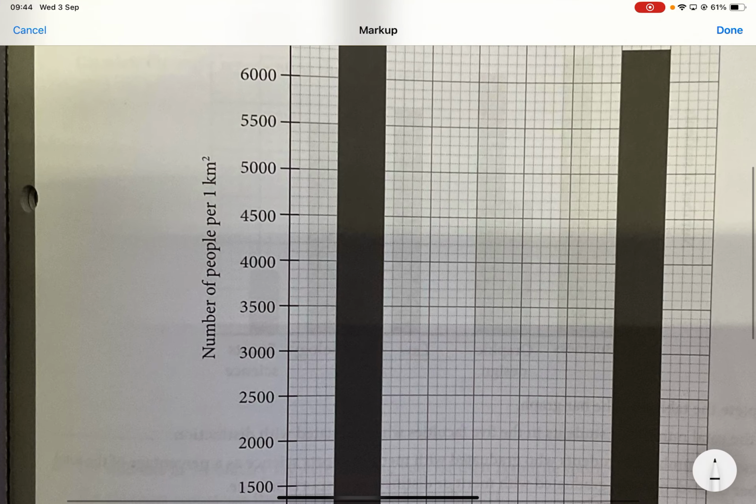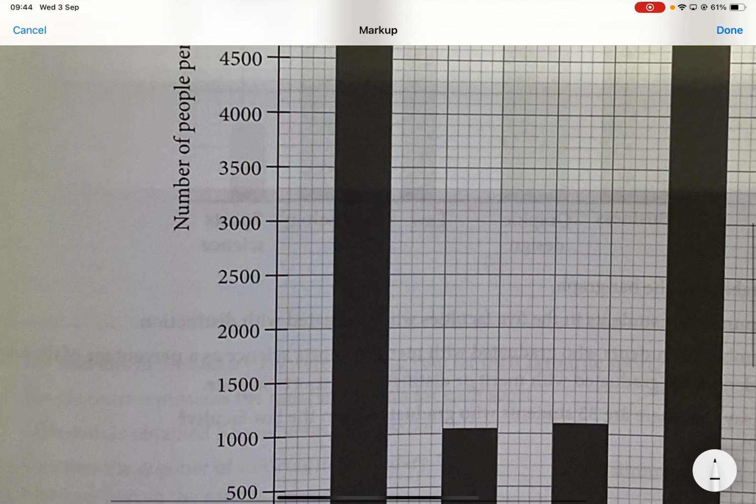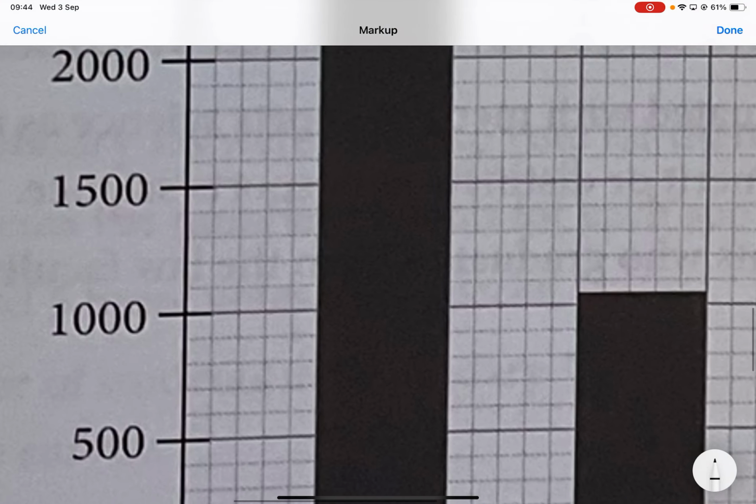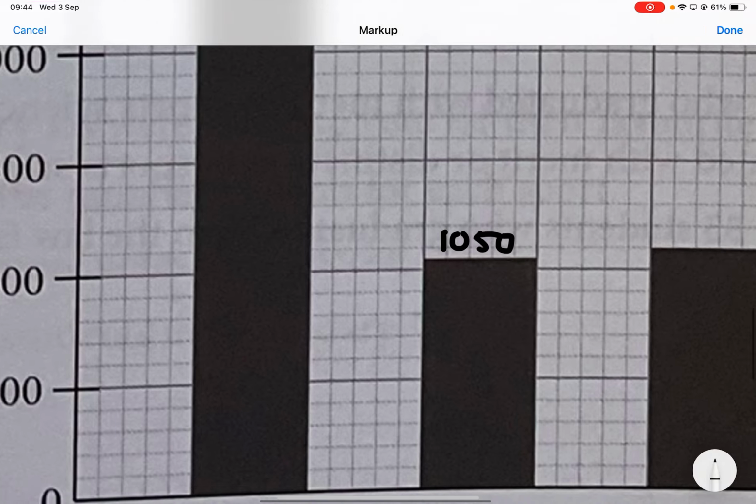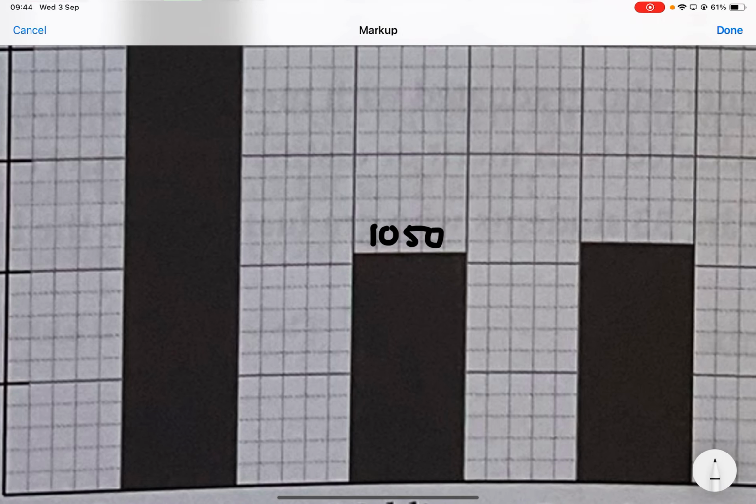Okay, then Maldives. Oh, they give until half. Every one is 100, so like that is 1,050. Can tell? It is half of a small box. So it's 1,000 plus another 50. Okay, this one is one full box.